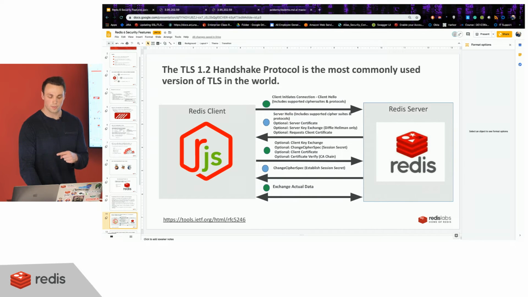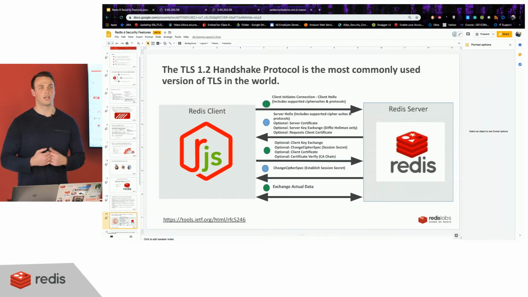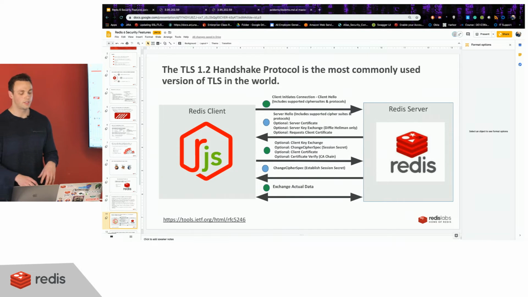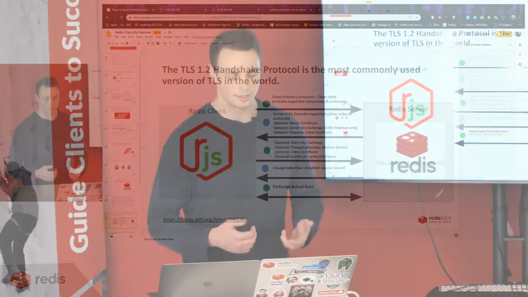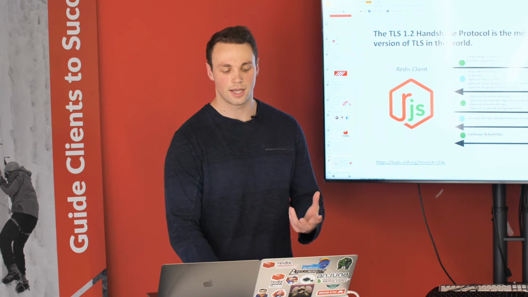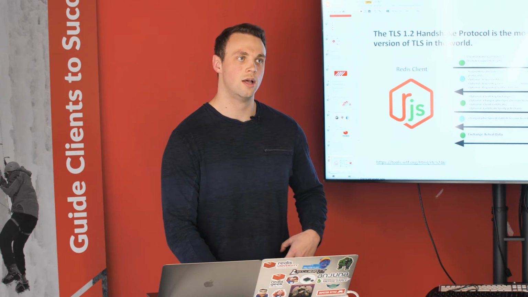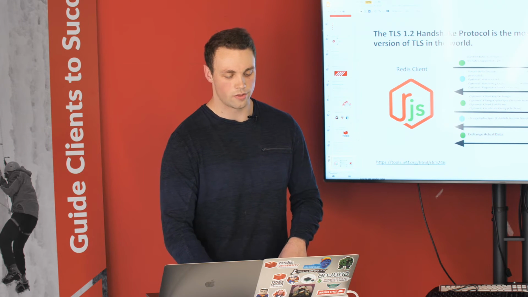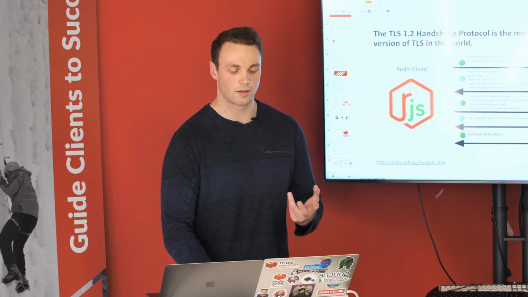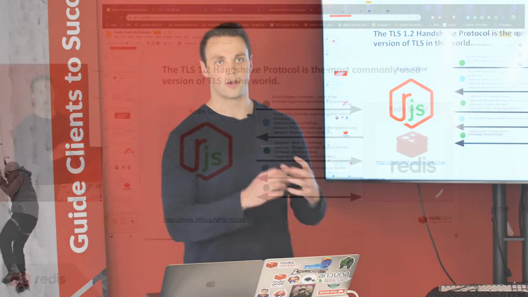The client then comes back, and if using Diffie-Hellman, uses the client key exchange, and then sends something called a change cipher spec. And the change cipher spec is simply a flag that says we are now using a secure connection rather than an insecure connection. It'll send its client certificate and its CA chain so that the server can verify that it trusts the client certificate. And then the server will send the change cipher spec flag back. And then you have a TLS connection.